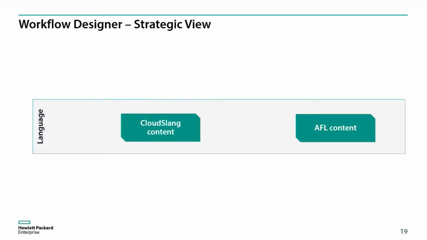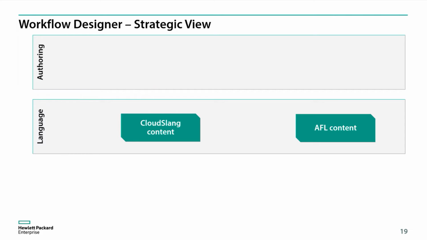So let's think a little bit about the strategic view. Imagine that we have the language where we have items like the CloudSlang content that I showed you, which is YAML based, is the new content available in open source, and the AFL content, the content that we were used to when, for instance, building stuff from the desktop studio. Now, this content needs to be built somewhere, right?